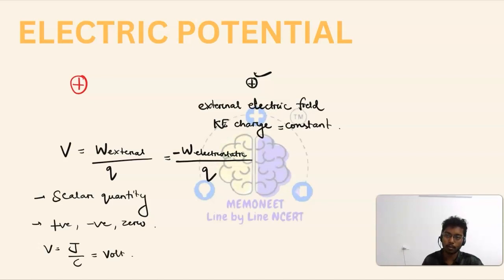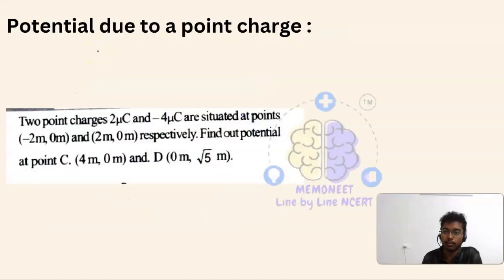Due to a point charge, let's say we have a positive charge here, and at this point we have to find the potential. So potential is equal to work done W upon Q. Work done is equal to F dot ds.